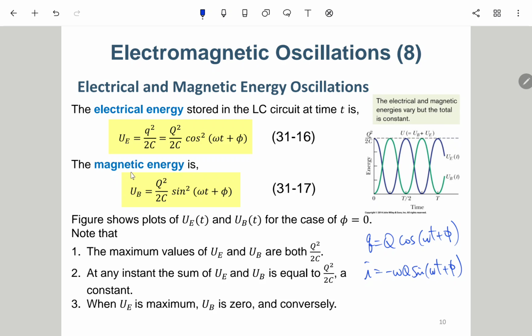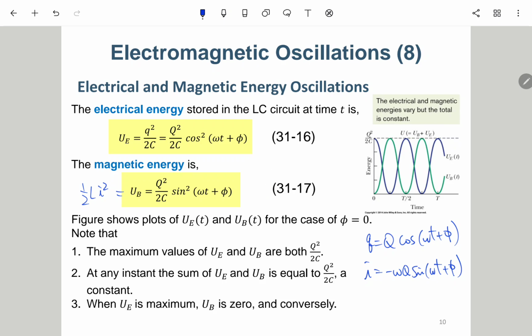And for the B field, for the magnetic energy, it is nothing but half of L i squared. So we can plug this I into here. So negative squared becomes positive. So here we still have positive energy. And we have omega Q. So we have omega squared Q squared.